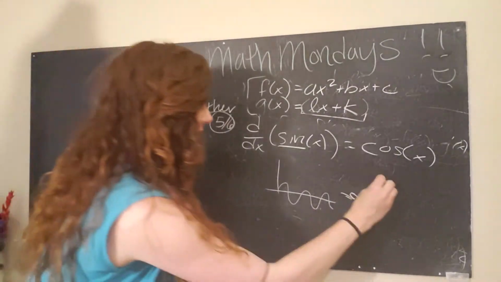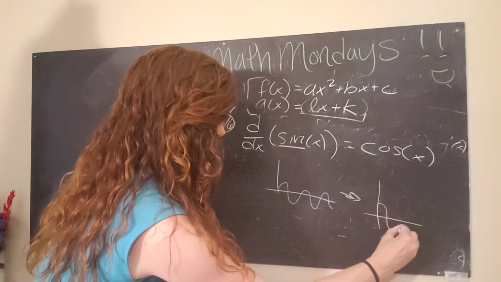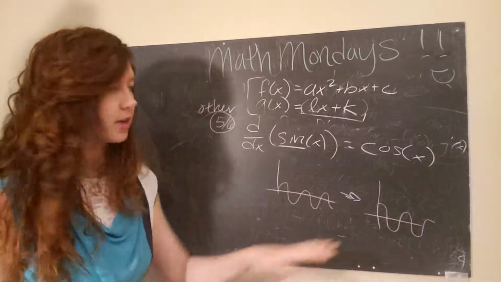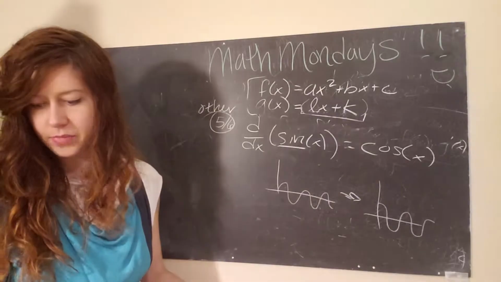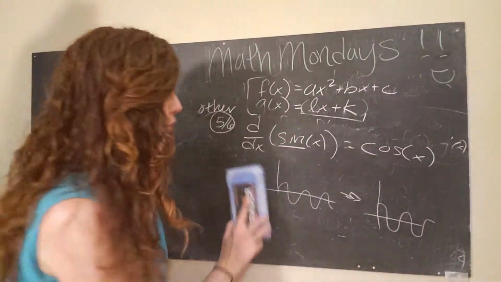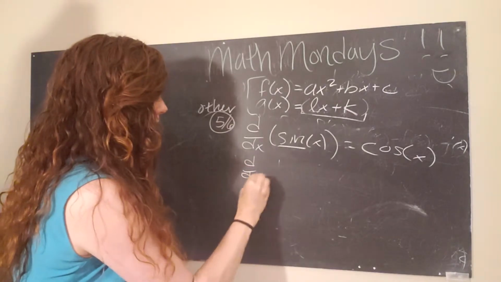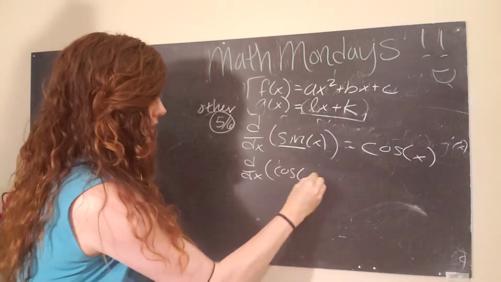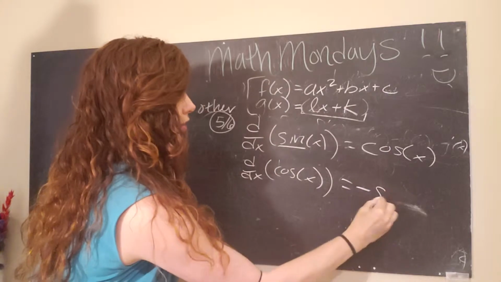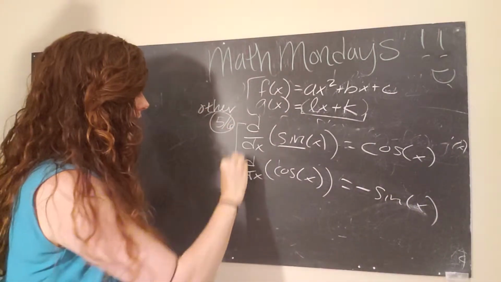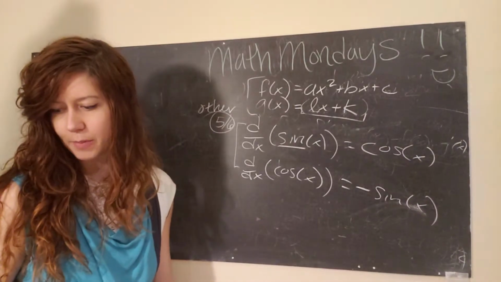That is rad. And cosine looks like this. So it's almost the same, but it just kind of starts at a different place. So I think that's really beautiful. The derivative with respect to x of cosine of x is negative sine of x. And then you can look up the ones for tangent if you happen to need those.